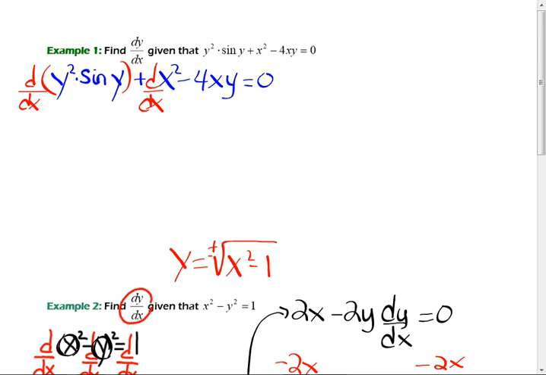Okay, so can I pull that -4 through, the d dx? Yes. We should know how to do x times y now. Okay, so we're going to take y squared times the derivative of the sine of y. Can we just go ahead and write it, or do you want me to put out the plan?